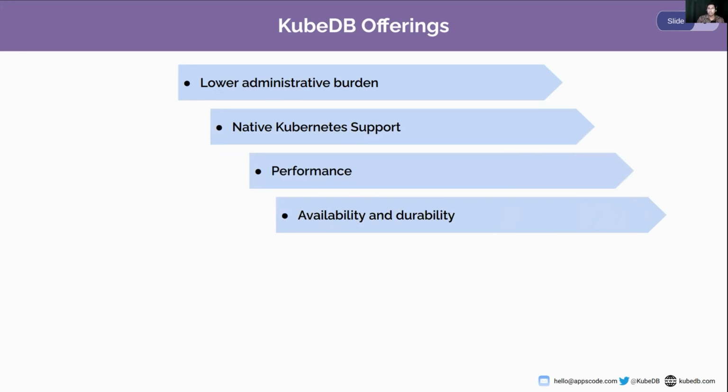And then the availability and durability. Obviously, we have Stash, which we talked about earlier, for backup and recovery. In terms of any disaster scenario, you can set up a periodic backup.